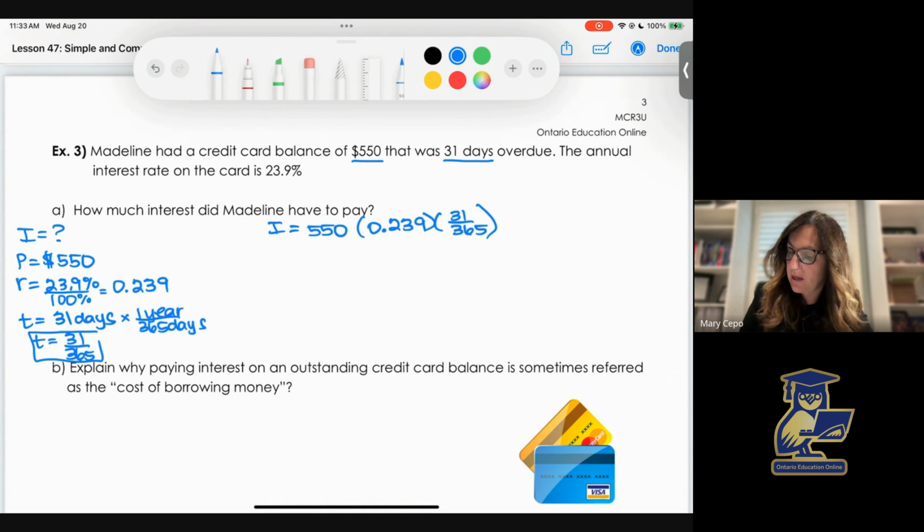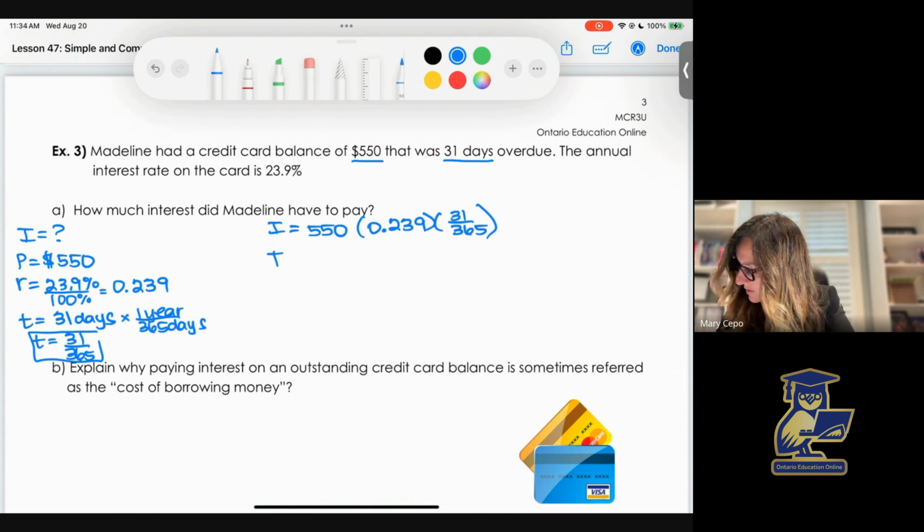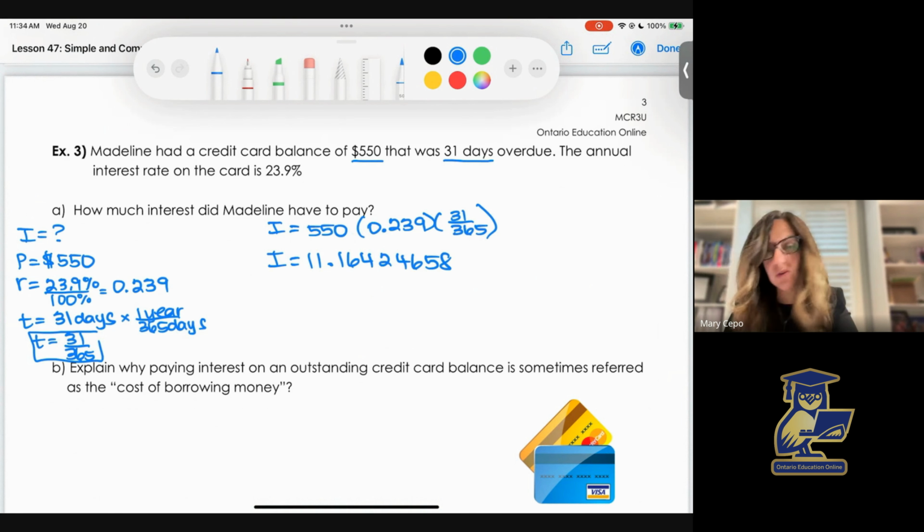Okay, so multiplying 550 times 0.239 times 31 over 365, you would get 11.1642468. And because we are talking about money, we round to 2 decimal places. So the interest is equal to $11.16.